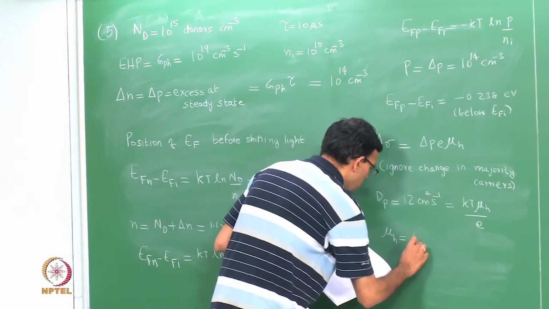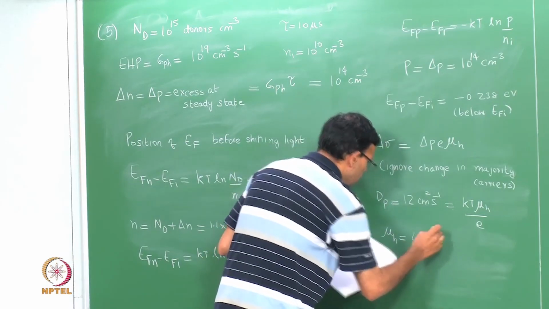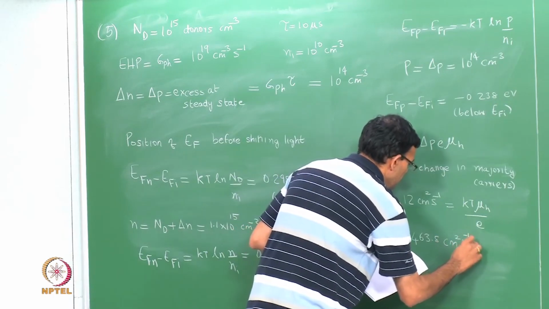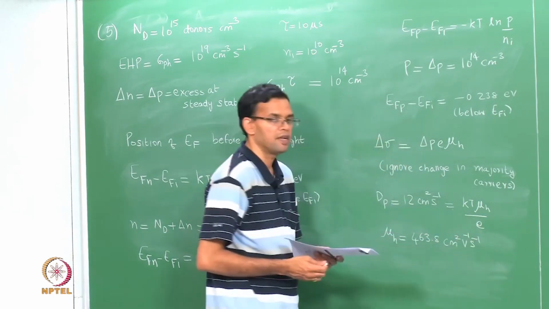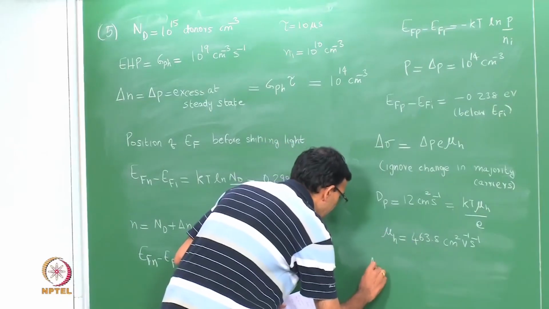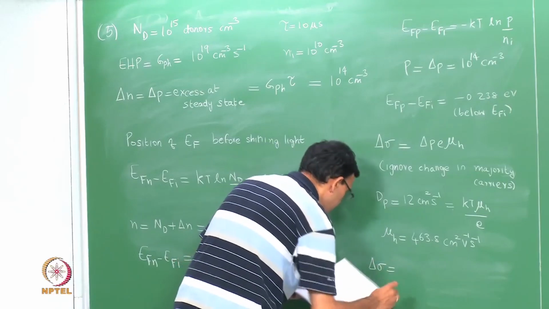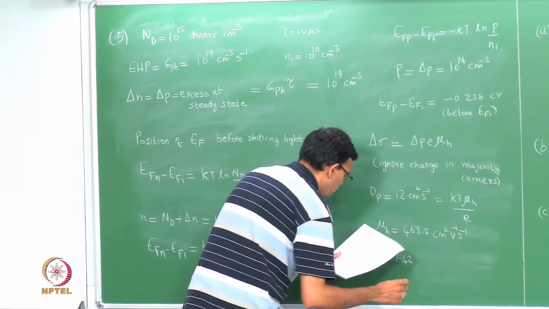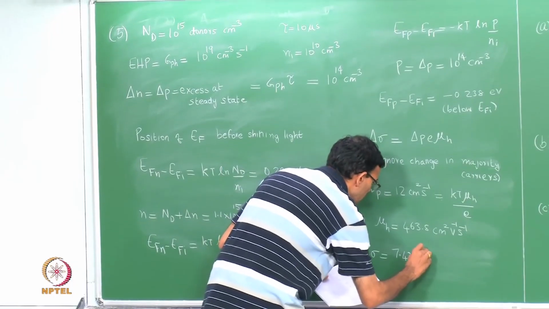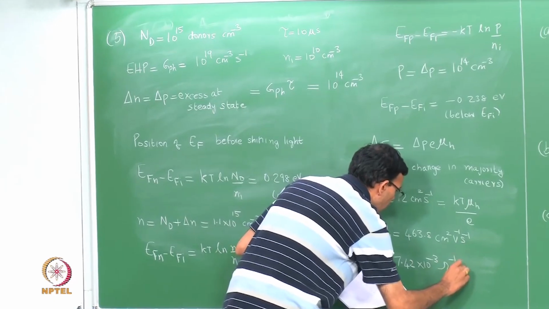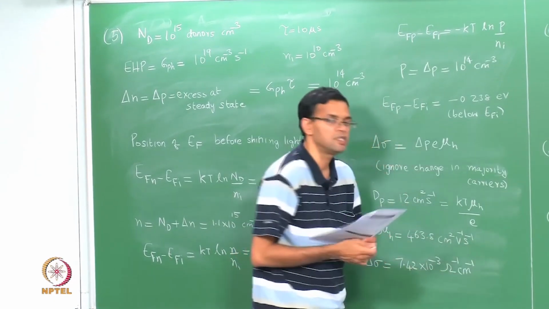Mu h works out to be 463.8 centimeter square per volt per second. So, this we can substitute here and we can calculate the change in conductivity, and this is driven by the excess holes. 7.42 times 10 to the minus 3 ohm inverse centimeter inverse.